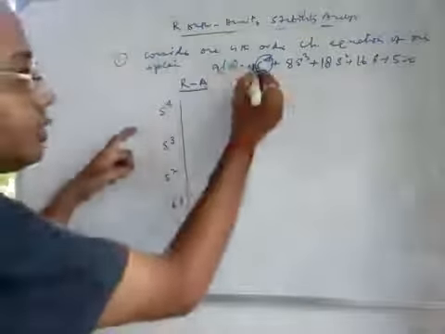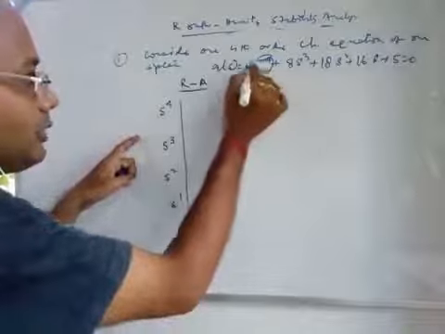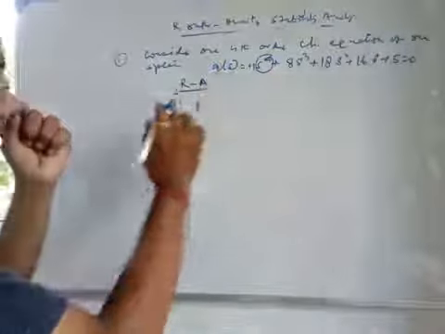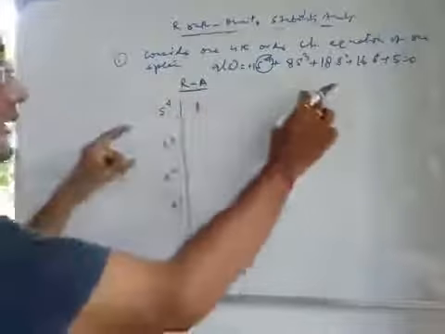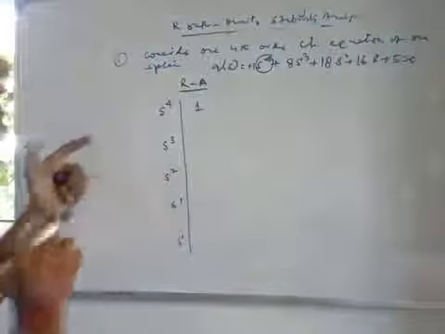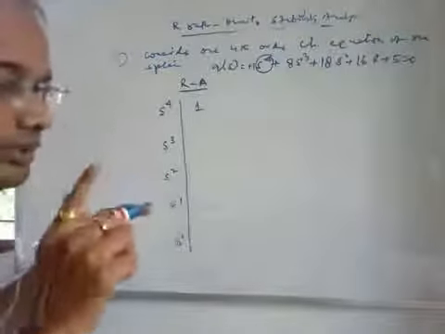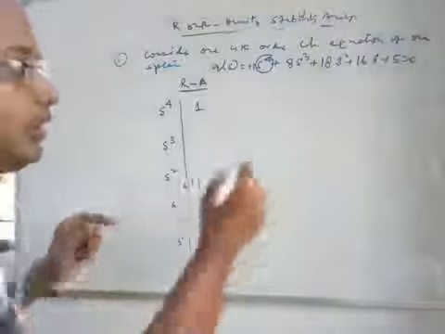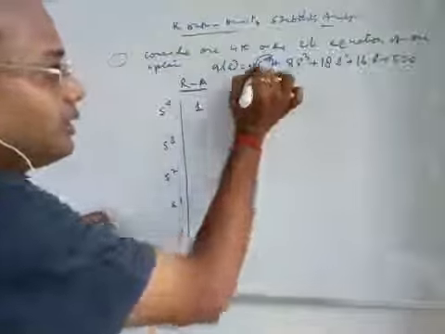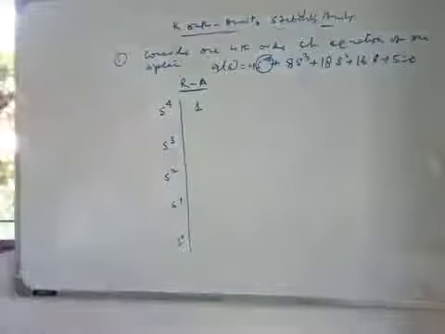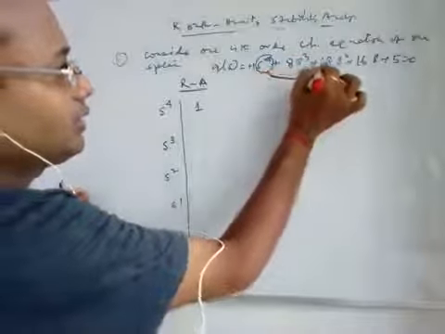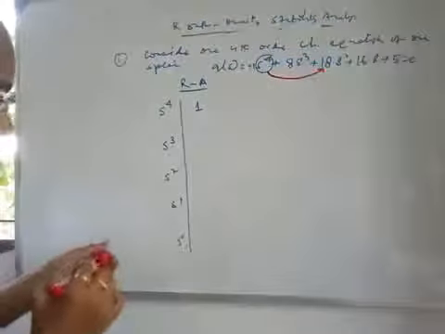Once you write this, next, what you have to take? You have to take the coefficient of s to the power 4. What is the coefficient of s^4 here? This is 1, right? And for the next element, skip one element in between. For example, since s^4 is given, you have to skip the s^3 term and take the next term.